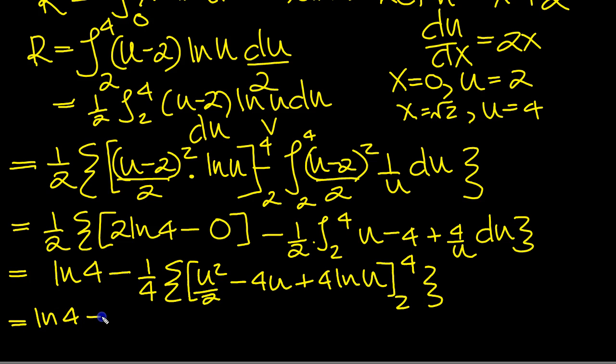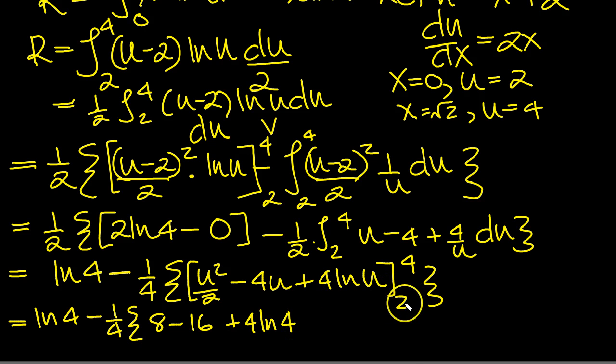So we've got ln 4 minus 1/4 of, now put the top value in. 4 in here, 4 squared, 16 over 2 is 8. 4 in here, 4 fours are 16, so it's minus 16. Plus 4 log 4.